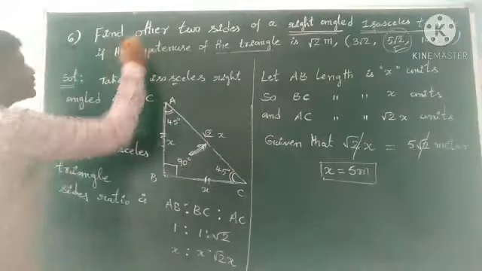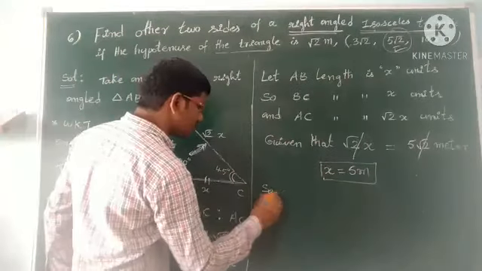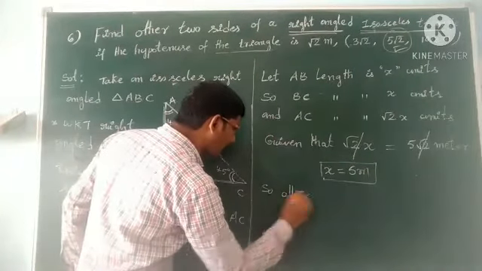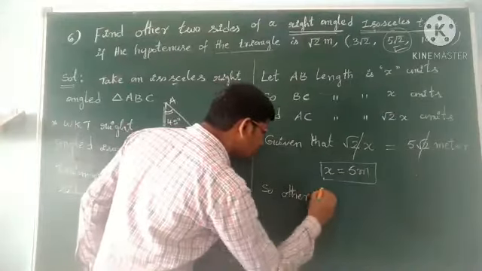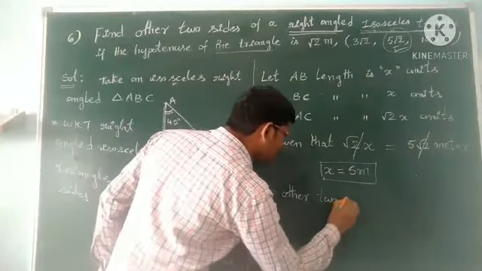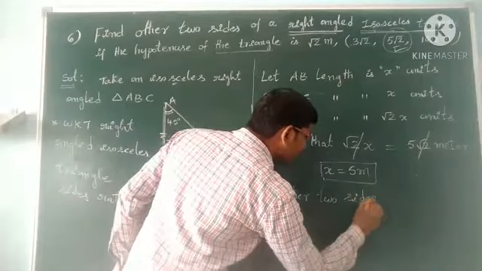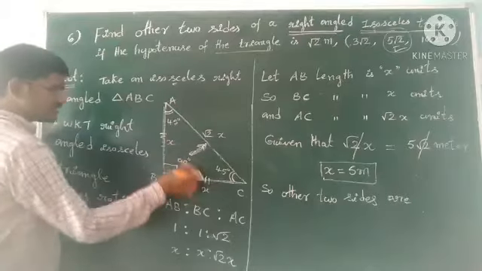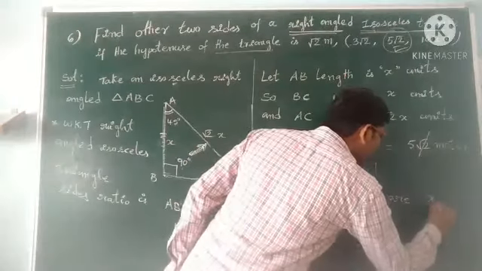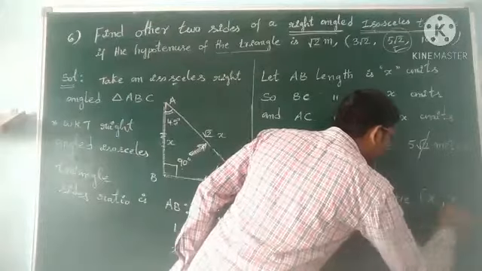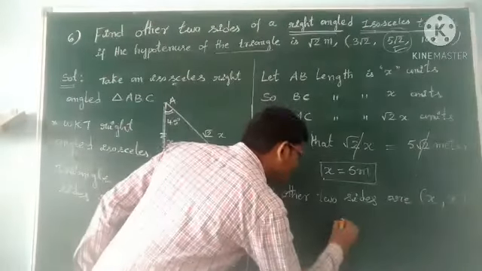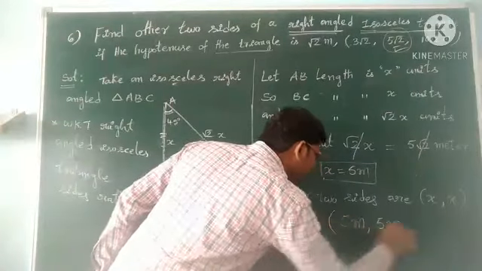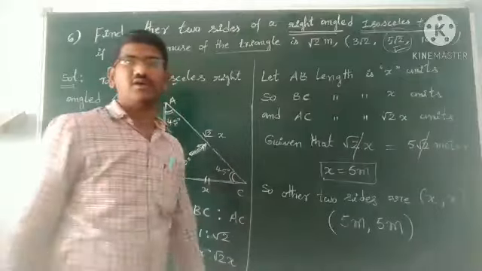So the other two sides are x comma x. The x value we got is 5 meters, so 5 meters comma 5 meters. This is the answer. Okay students.